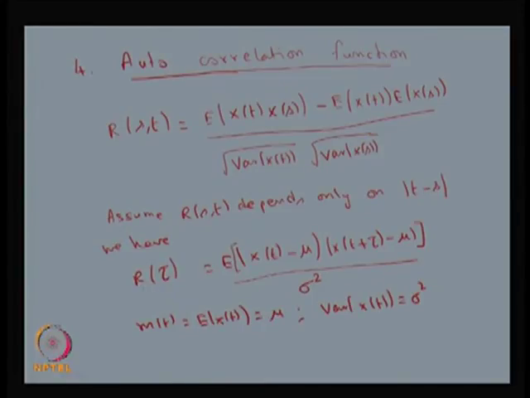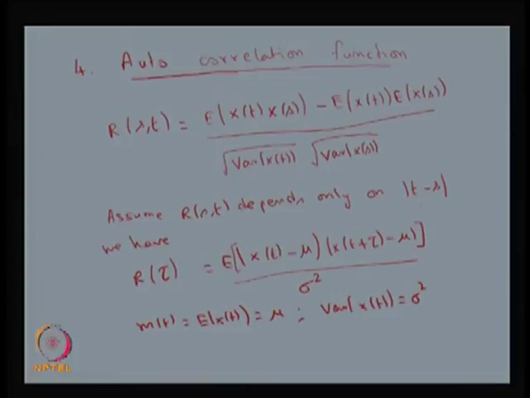And this is also going to be an even function, that means R of tau is the same as R of minus tau. And this autocorrelation function is used in time series analysis as well as signal processing.